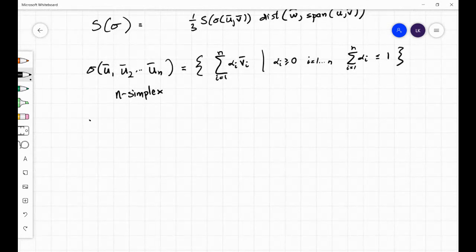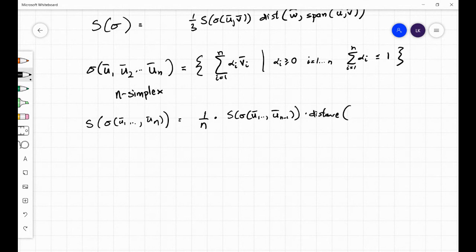All right, and inductively we define the signed volume here as being 1 over n, part of the definition, times the signed volume of the n minus 1 simplex defined with the first n minus 1 vectors, times the distance between the last vector and the span of the first.